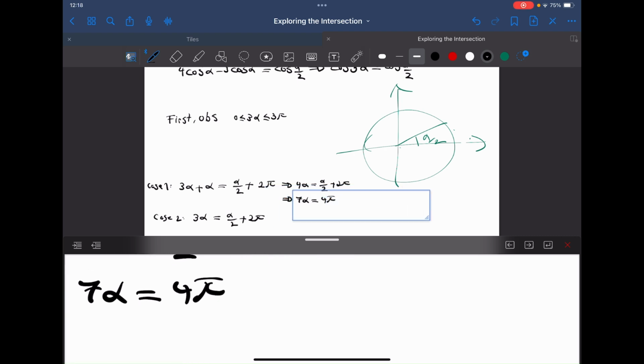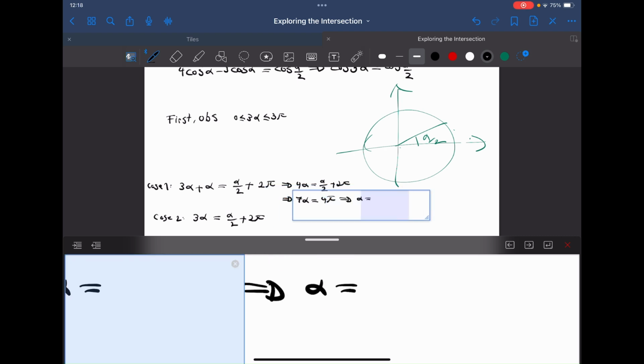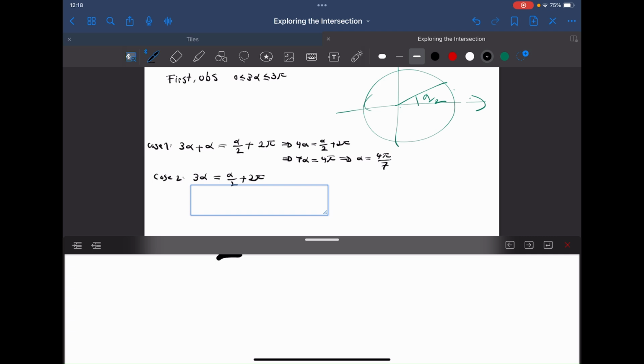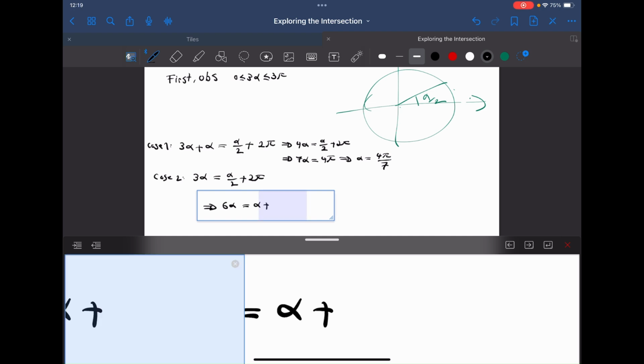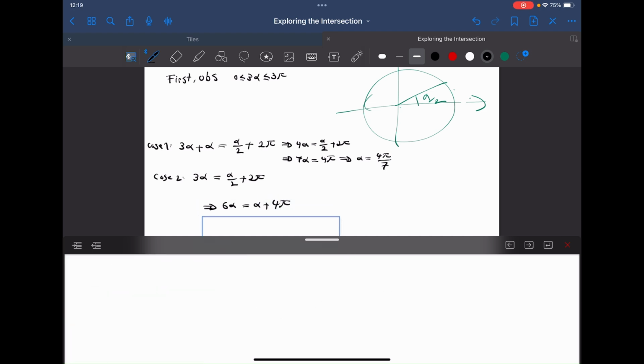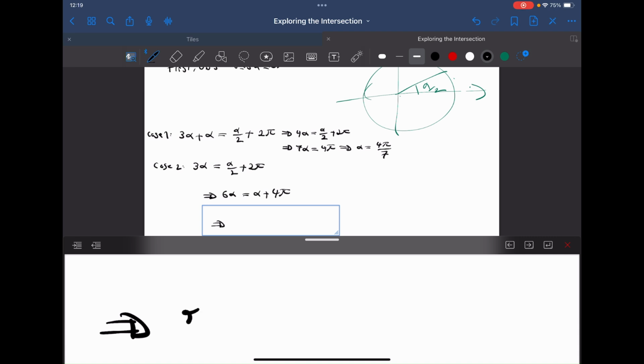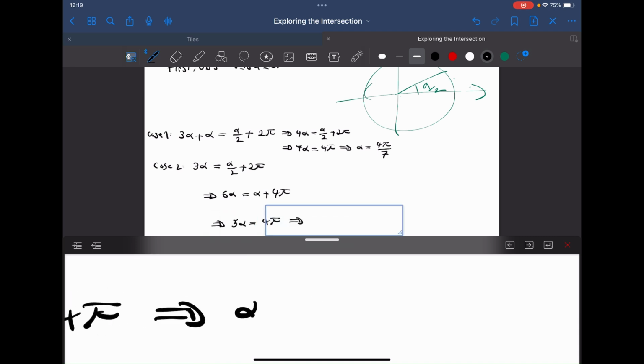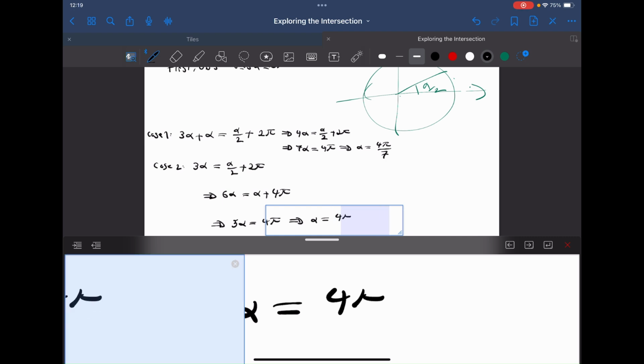And from this, I can see that alpha is 4 pi divided by 7. Okay, that's one of the solutions. And the other solution is that from here, I can see that 6 alpha is alpha plus 4 pi. And from this, I can see that 5 alpha is 4 pi. And from this, I can see that alpha is 4 pi divided by 5.